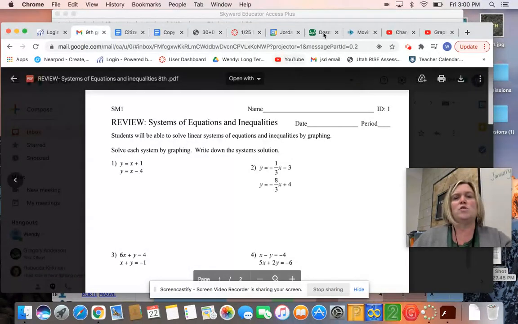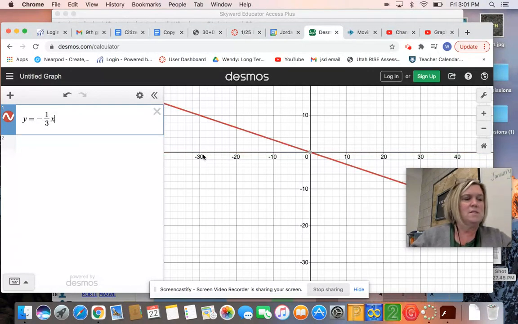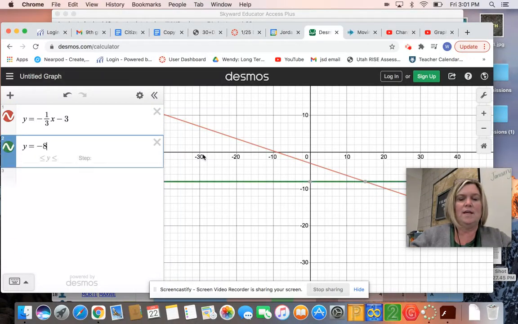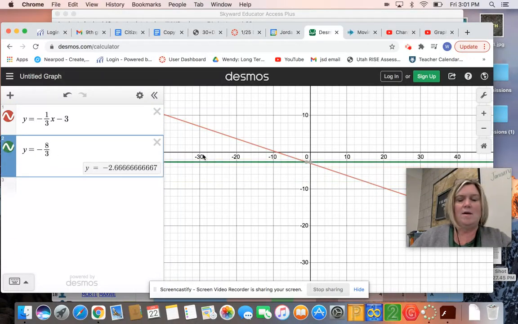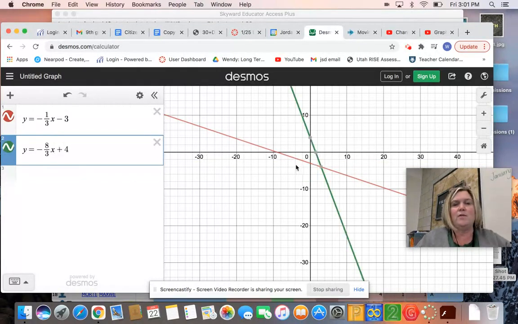So we go back to Desmos and put it in: y equals negative 1/3 x minus 3, and y equals negative 8 over 3 x plus 4. Then you just hover over where those points intersect, and that is our system solution. Right here, as I hover over that, we've got 3 and negative 4 for number 2.